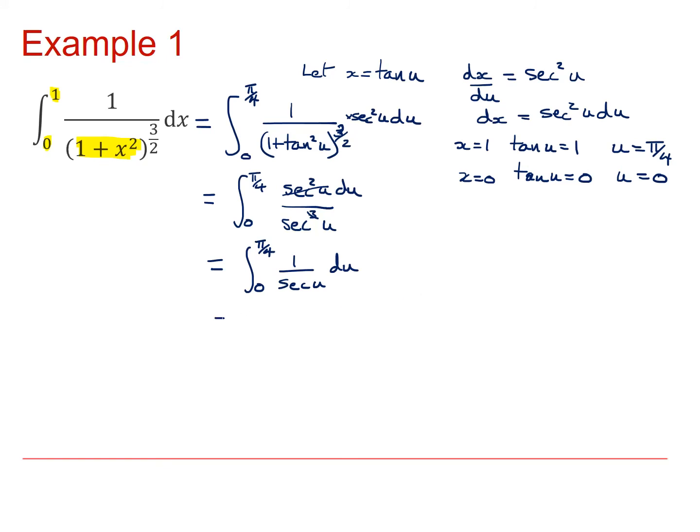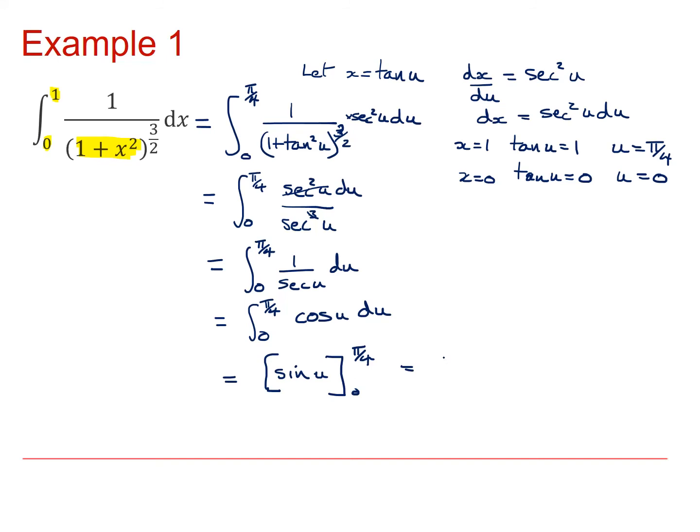So that's going to give me just the integral between 0 and pi by 4 of cos u du, and that of course is just sine, and that's evaluated between 0 and pi by 4.